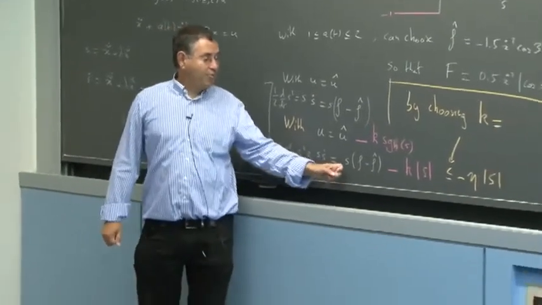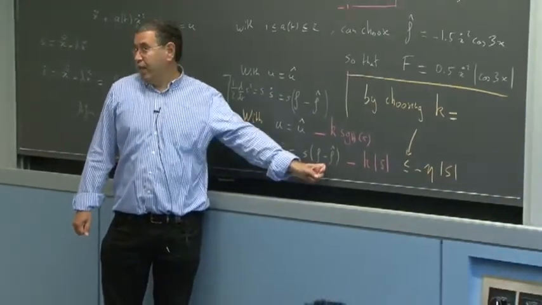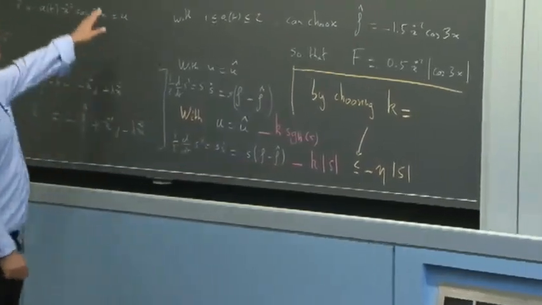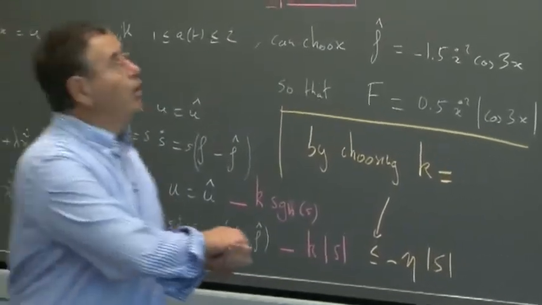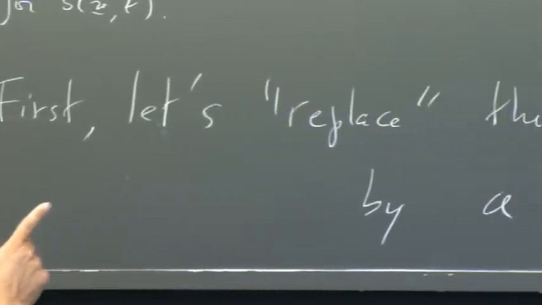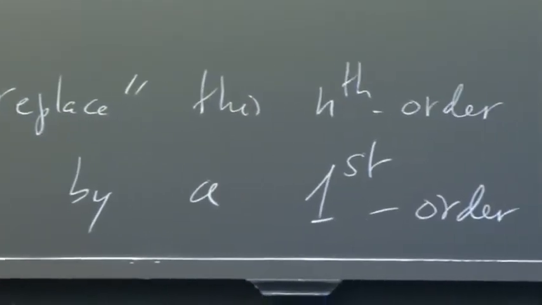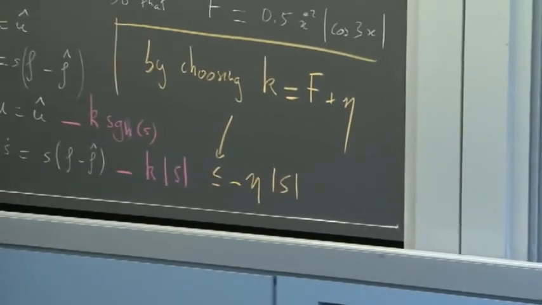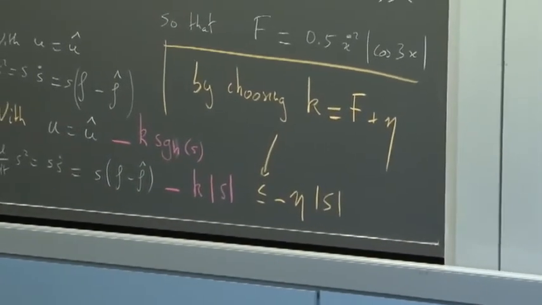We can bound it by absolute value of s times absolute value of F minus F hat, namely by absolute value of s times capital F. So the only thing we have to do is pick k larger or equal to F plus eta.